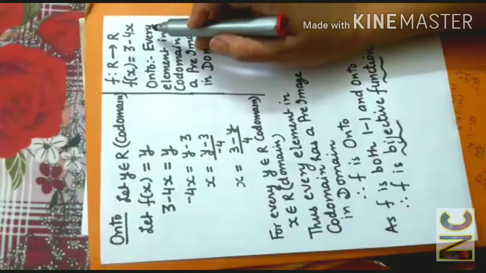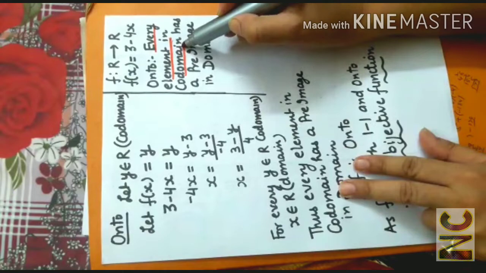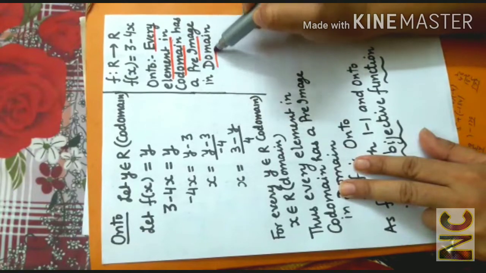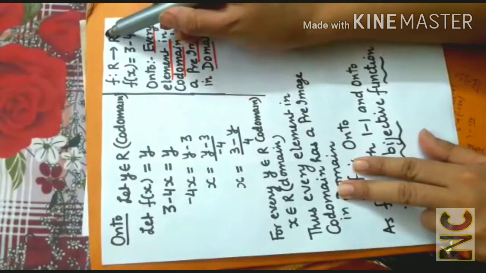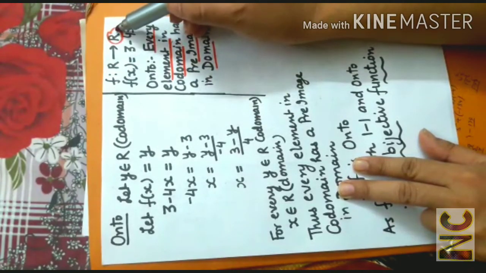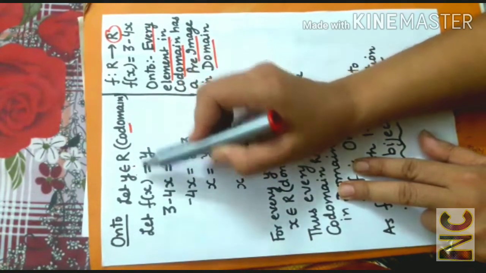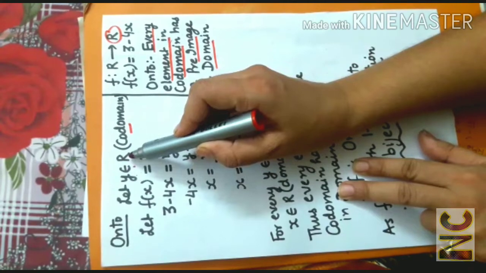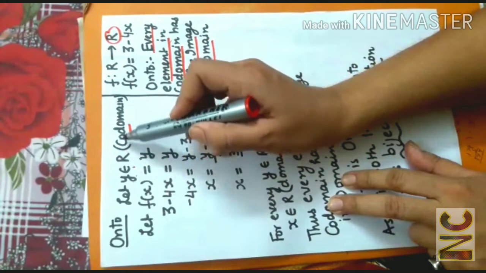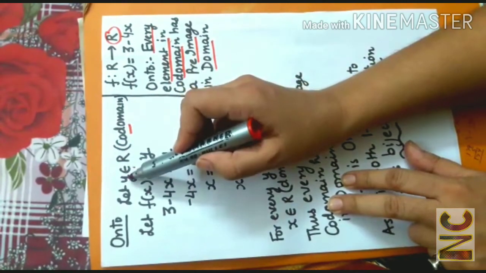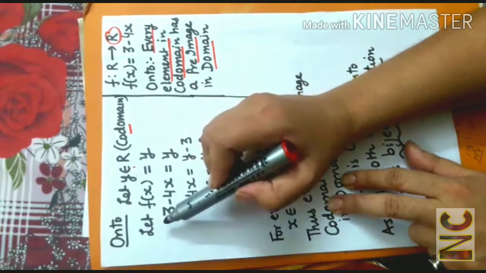A function is said to be onto if every element in the codomain has a pre-image in the domain. So the codomain of the function is this, that is the set of all reals. So I take any element y in the codomain, that is in R. I have to show that whatever y I take in the codomain, its pre-image will exist in the domain.